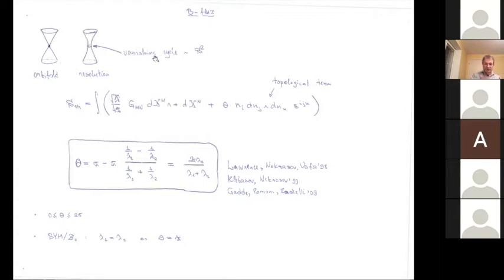So the string can wrap this two-dimensional sphere, and we can add a theta term that couples to wrappings. This is the usual theta term in the sigma model. And the claim is that this theta parameter on the world sheet is due to the difference between the coupling constants. So there is a formula for that.